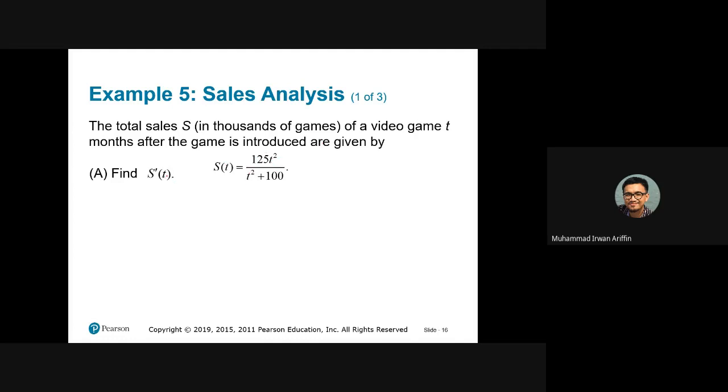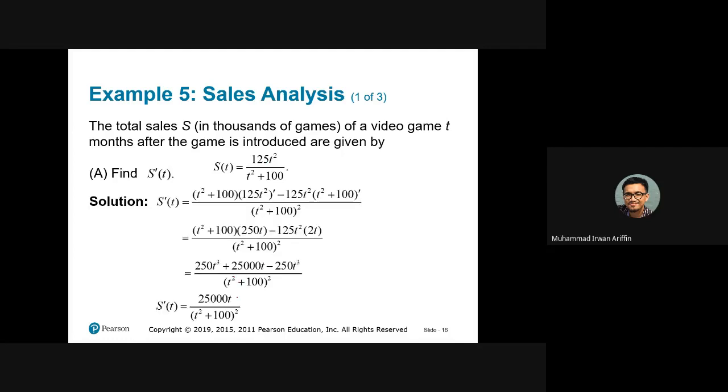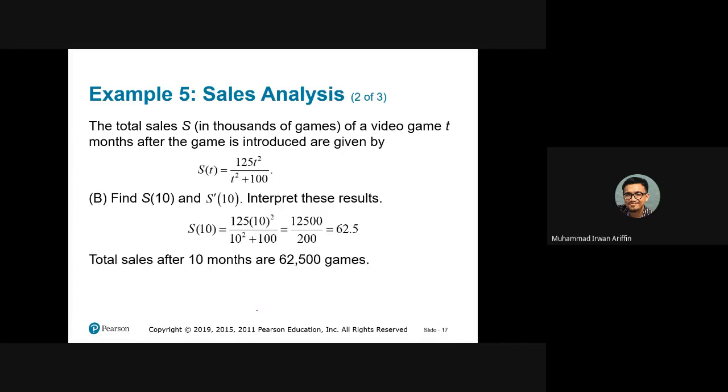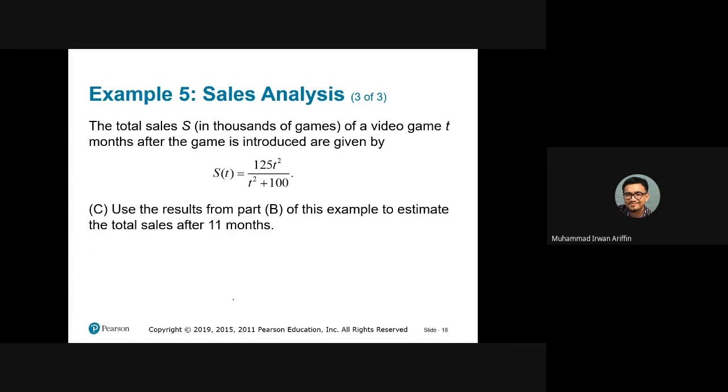You are asked to find S prime of t. So this is a quotient. You have your numerator, you have your denominator. Apply the formula and you should be able to get this. I'm going to leave this under your care.